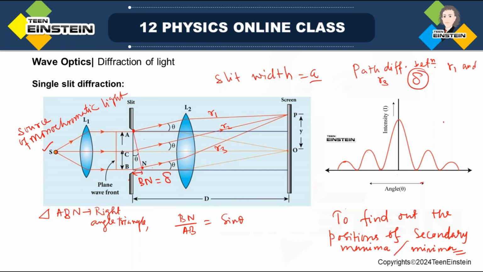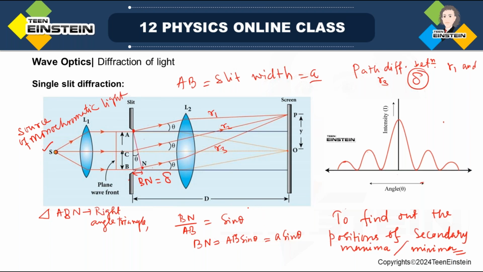AN is the base, AB is the hypotenuse, and BN is the perpendicular. AB we have taken as the slit width. So BN is equal to AB sine theta, which is a sine theta.